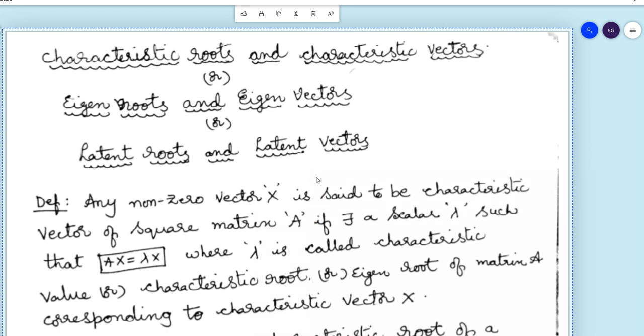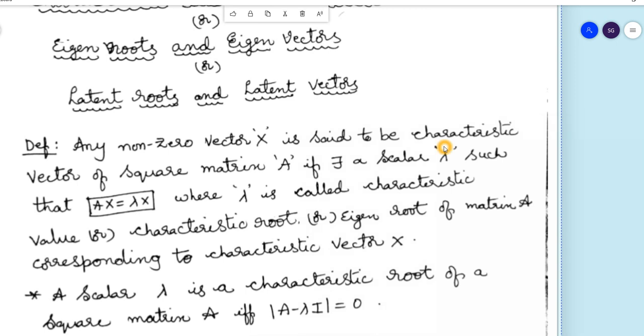Any non-zero vector x is said to be a characteristic vector of the square matrix A if there exists a scalar lambda such that Ax is equal to lambda x, where lambda is called the characteristic value or characteristic root or eigenroot of a matrix A corresponding to the characteristic vector x.